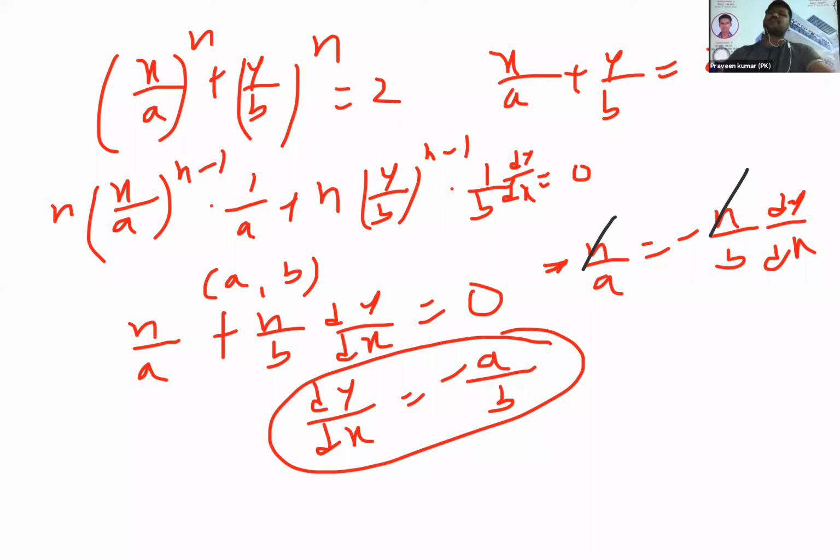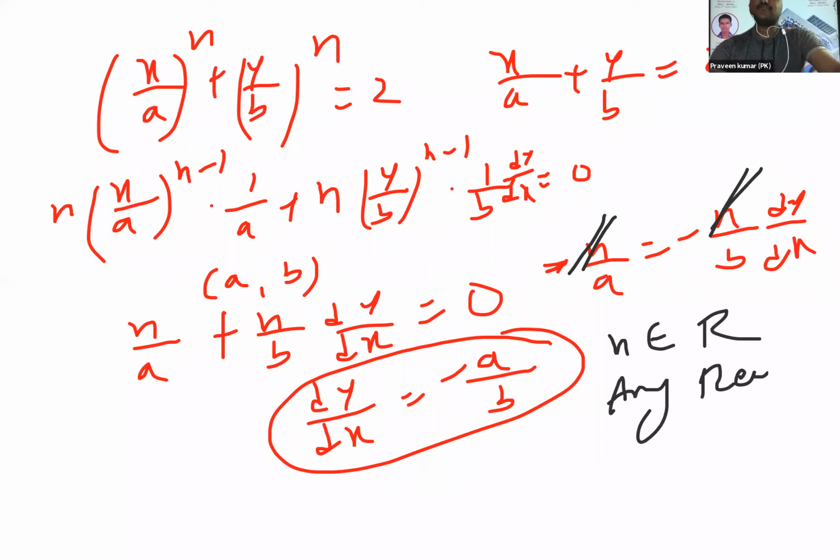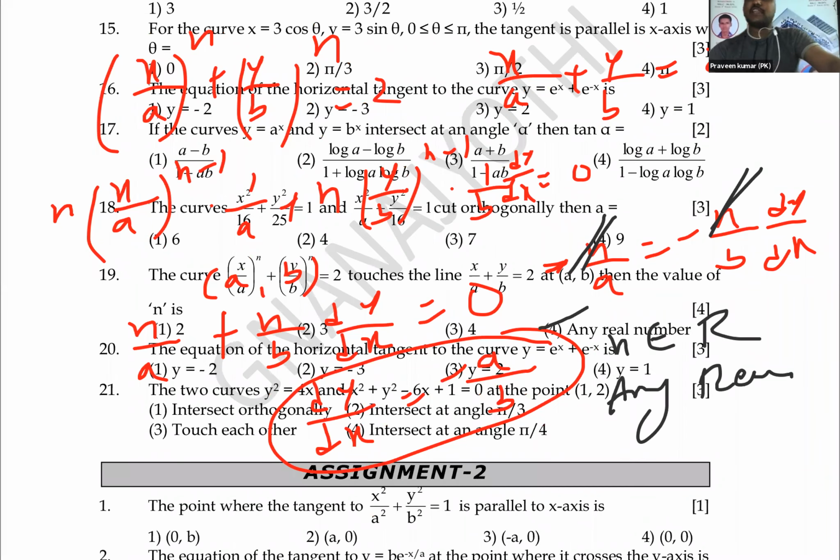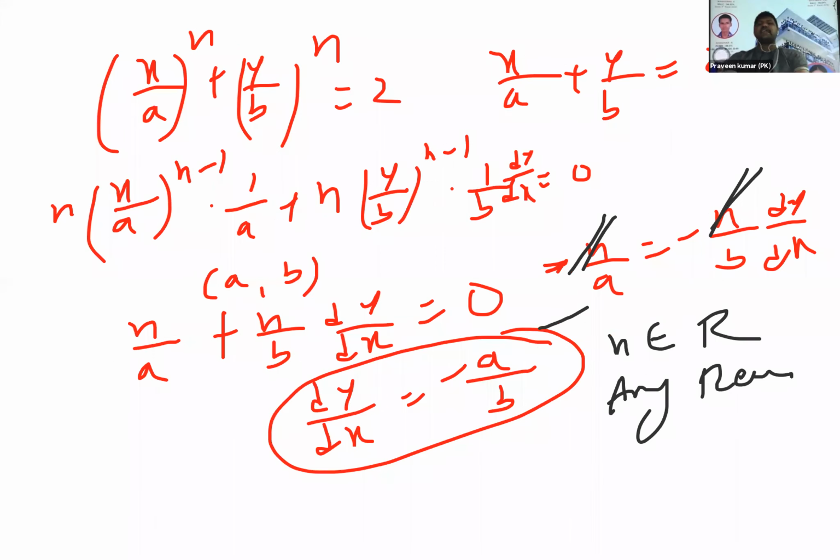In place of n, if you substitute any value, anyway both cancel. So n belongs to any real number. Which option? Fourth option, no? Any real number. Because those both get cancelled. In dy by dx, we are getting only minus a by b. We don't get any n. So if you substitute any value in place of n, this question won't change. You are getting the same answer. Understand?